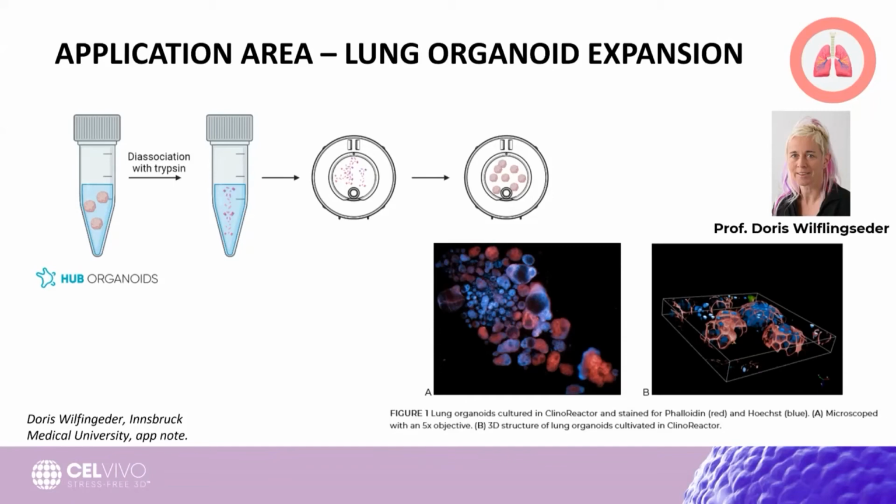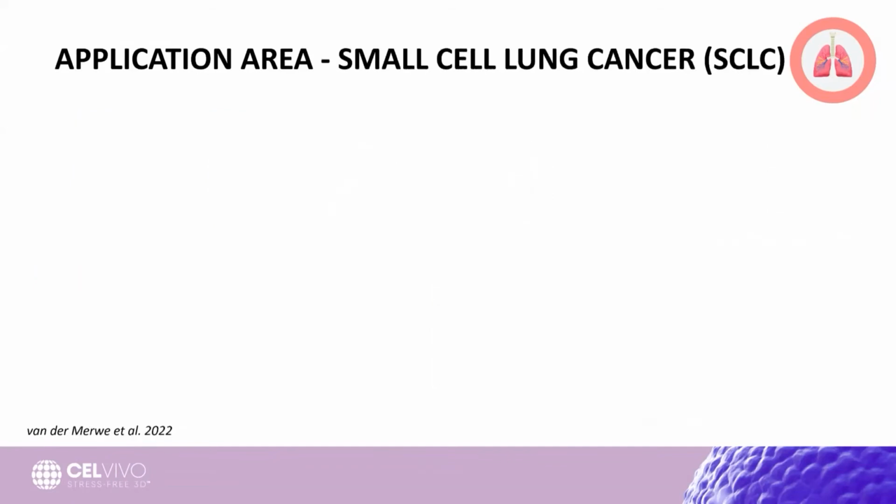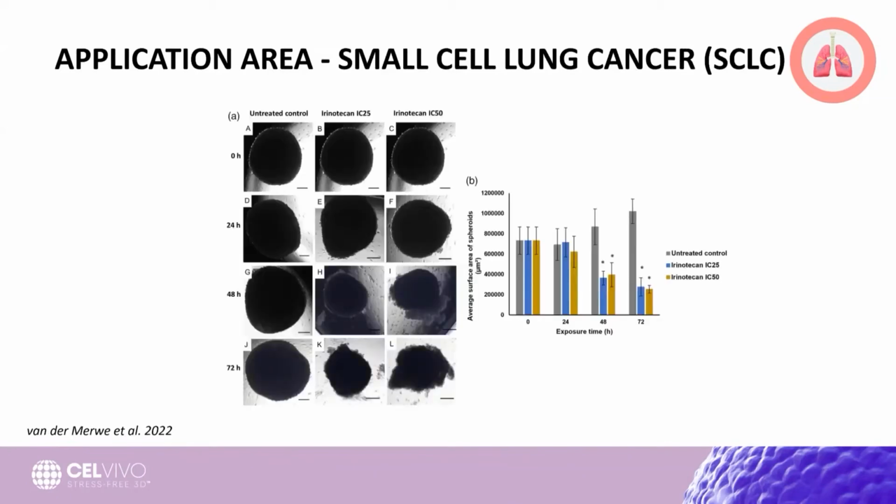So this is for lung organoids, but another application area is these small cell lung cancer models. And in this case, they cultivated the small cell lung cancer, and they first characterized it. But now what I want to show you here is that after characterization, they looked at protein content and ATP for viability. They also looked at the adenylate kinase release for apoptosis, and they also checked the glucose consumption.